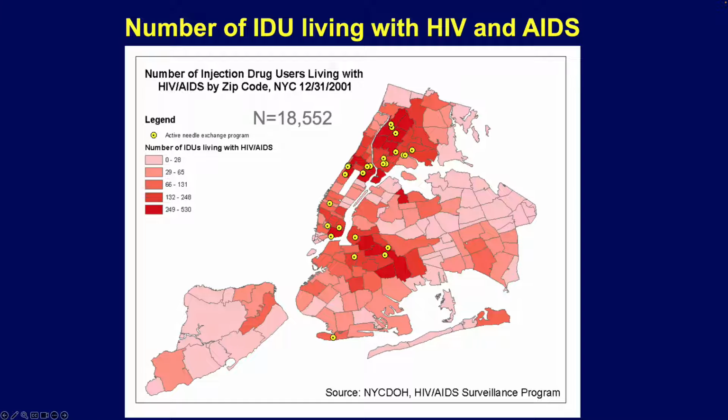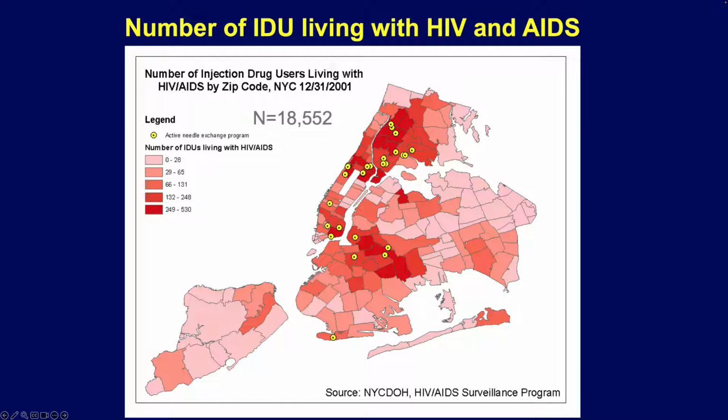You can quickly see the areas where the locations of needle exchange programs line up well with the larger number of people with HIV who may inject drugs. But you can also quickly see that there are lots of areas on the map that have high numbers of people with HIV who inject drugs, but where there's no needle exchange program nearby at all.